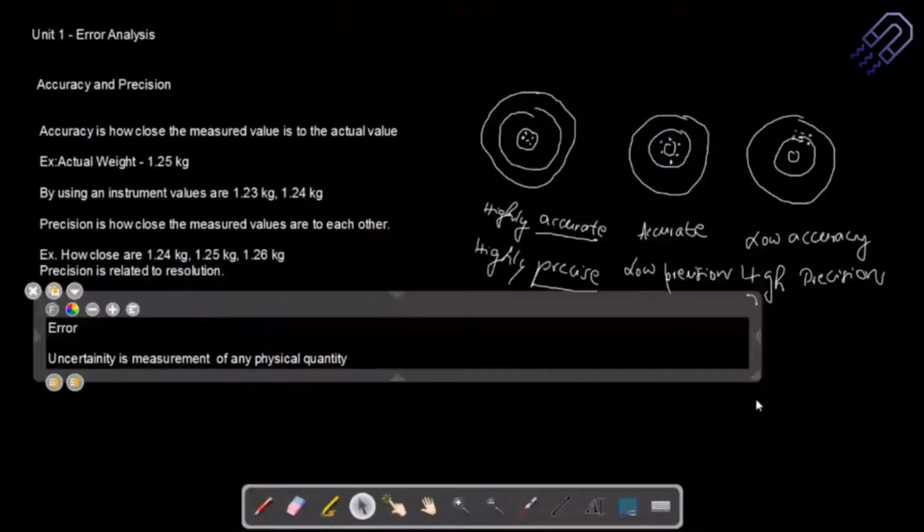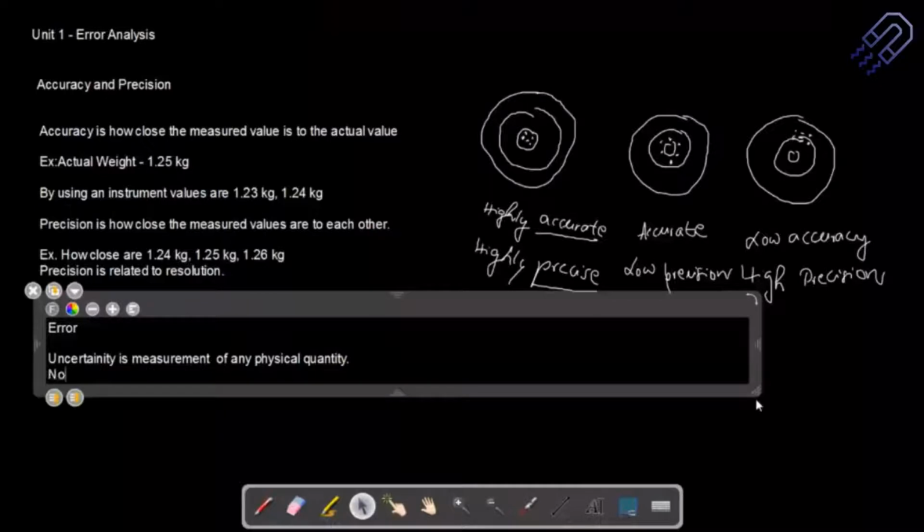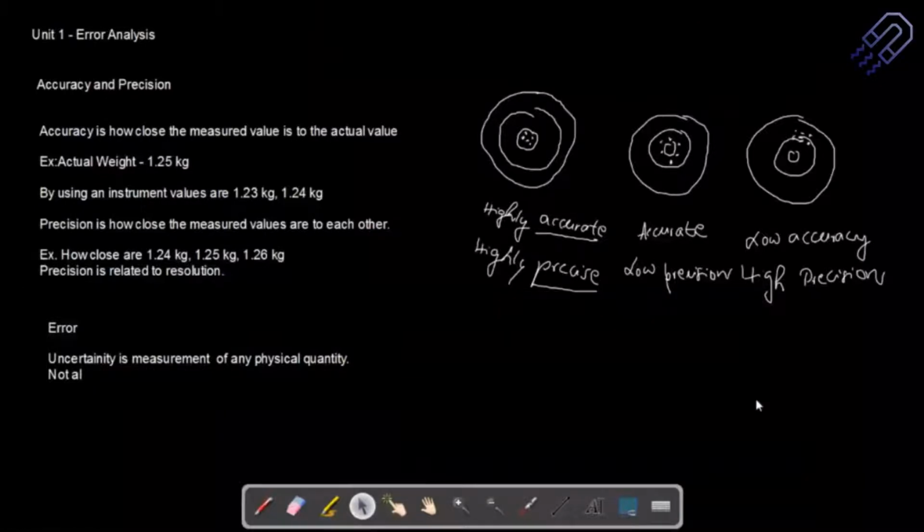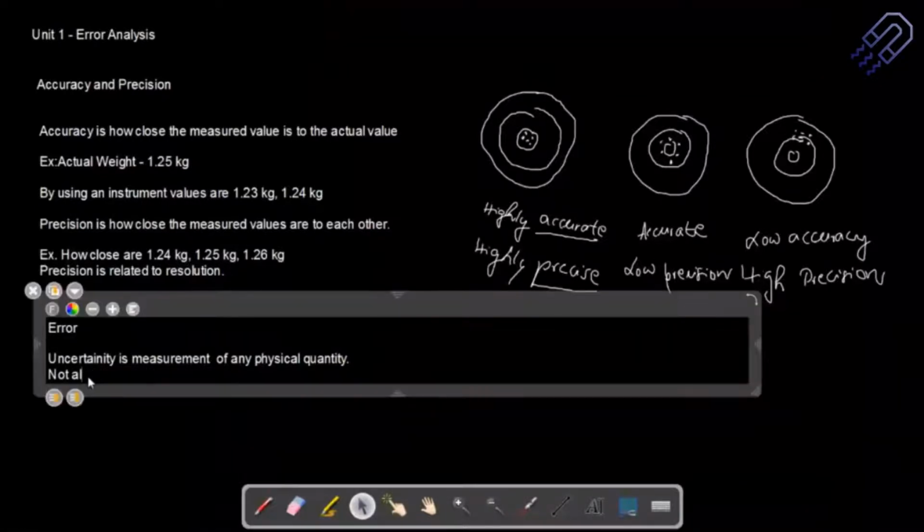And maybe we can write down one point: not all measurements are uncertain. Not all measurements are uncertain, so that's very important.